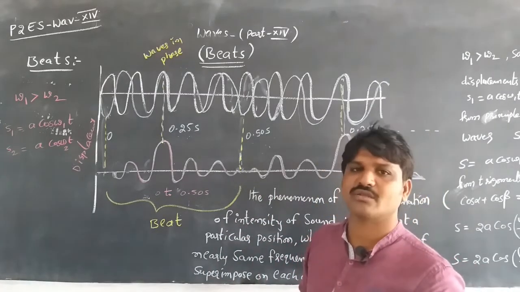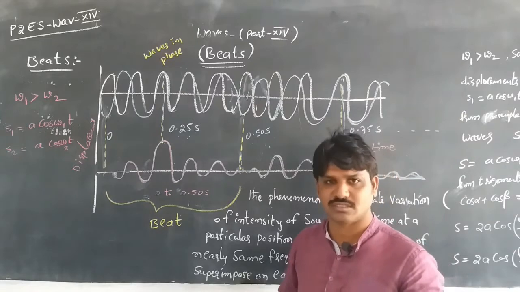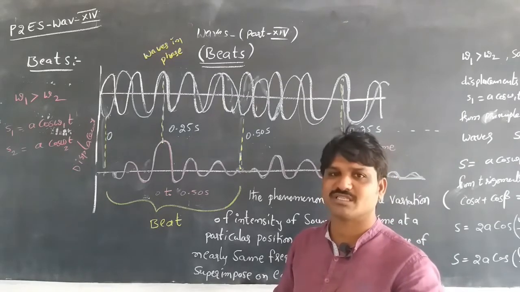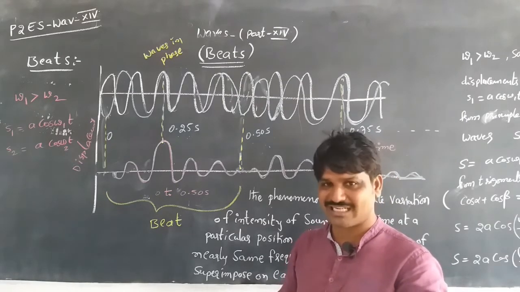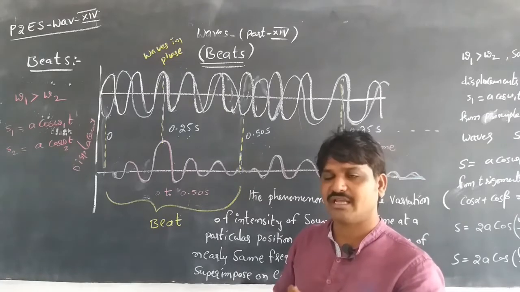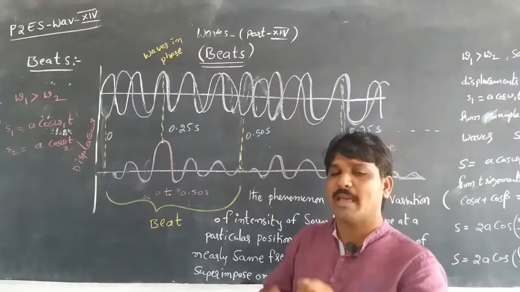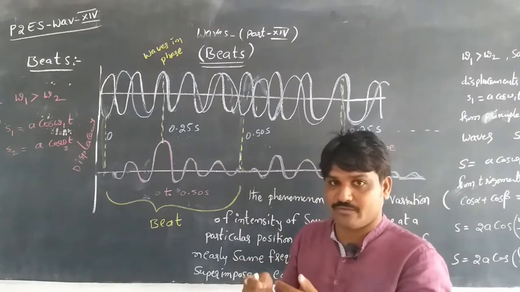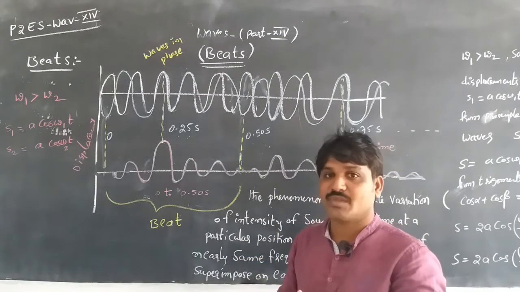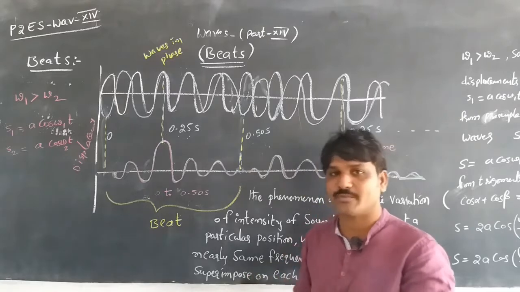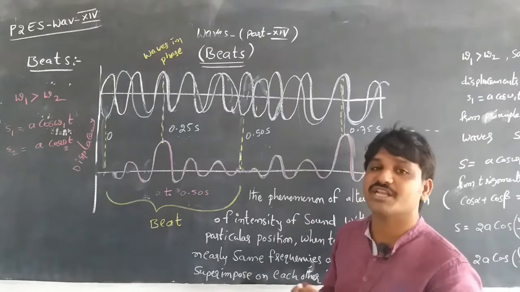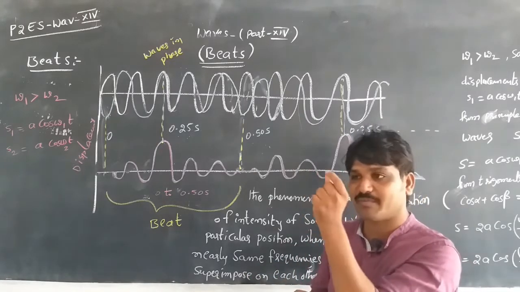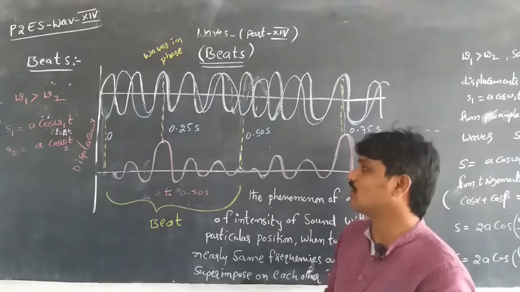Nowadays in movies also, when songs and musical instruments are played, the drums and the music, everything has beats because of the minimum and maximum of sound. The alternate, periodic variation of sound at a particular time and position is called beats.